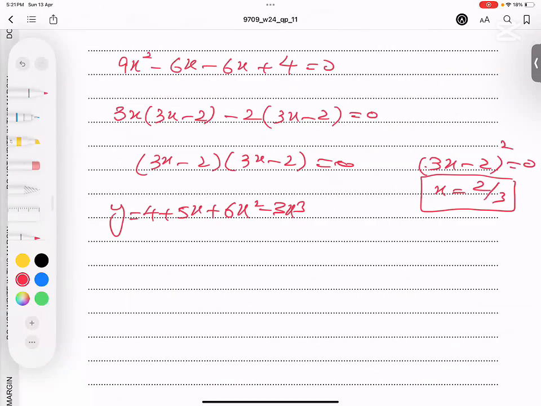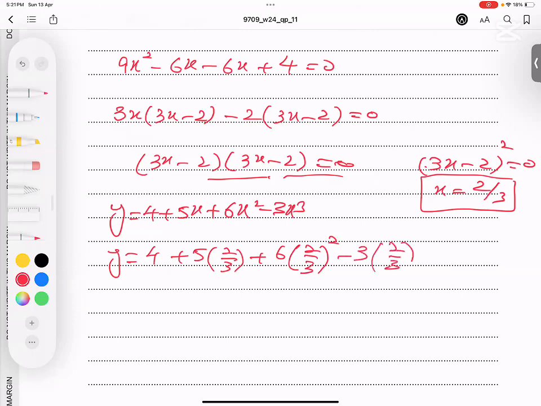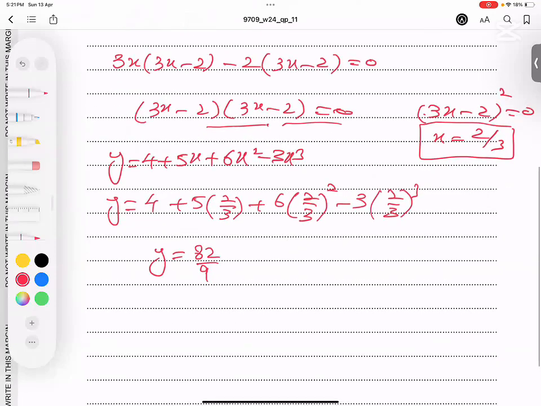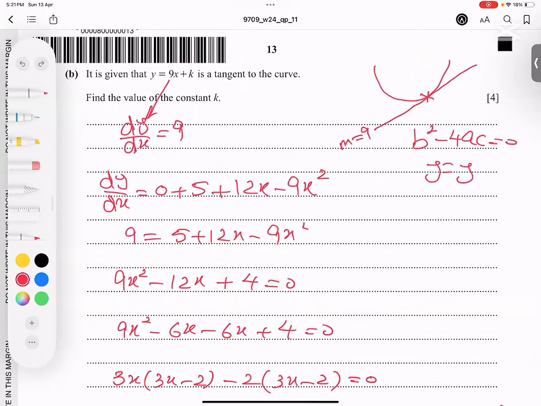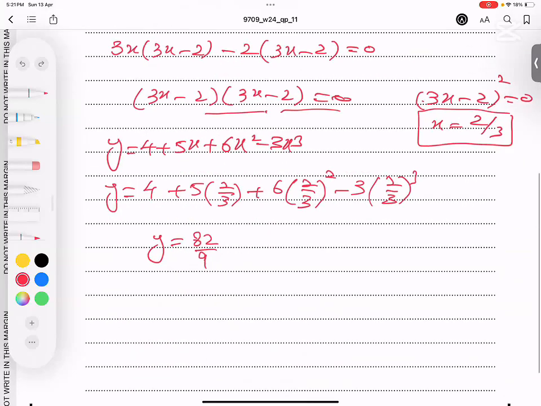So when I plug in, I will get 4 plus 5 times 2 over 3, plus 6 times 2 over 3 to power 2, minus 3 times 2 over 3 to power 3. When you type it in the calculator, we get the y value 82 over 9. And now, students, you are aware that the equation of the tangent is y equals 9x plus k.